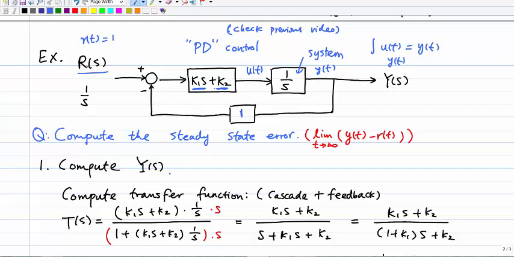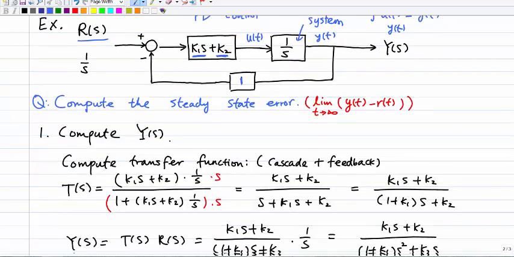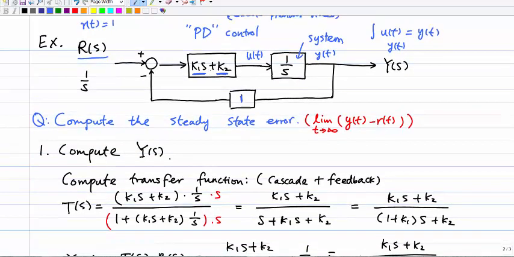By using the property of the cascade and feedback, we can compute the transfer function of this system, the closed loop feedback control system. The cascade is just this guy times this guy, and the feedback loop is 1 plus this guy times 1. Times 1 doesn't matter, so it's 1 plus the whole thing over here.